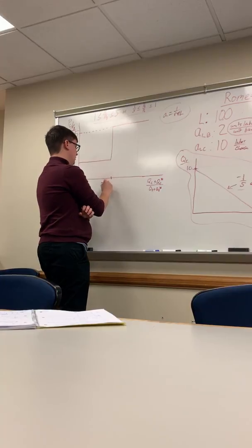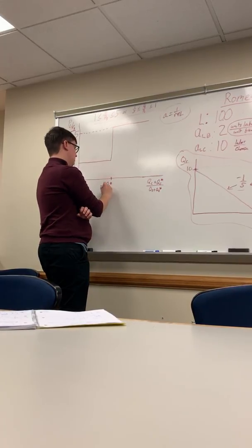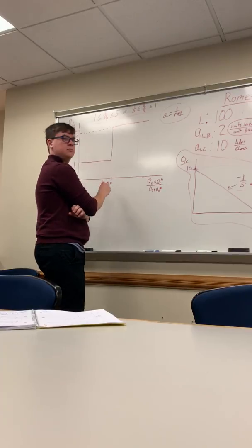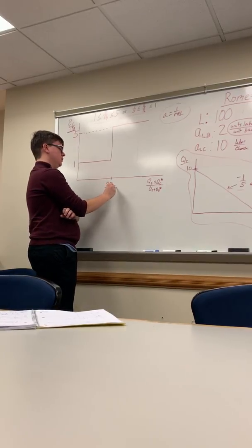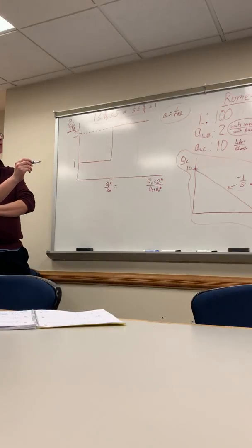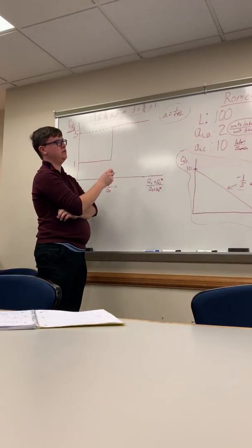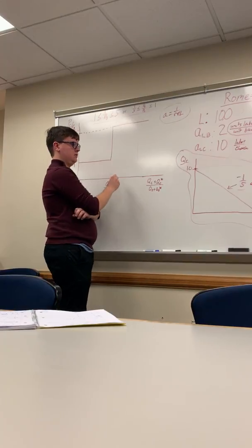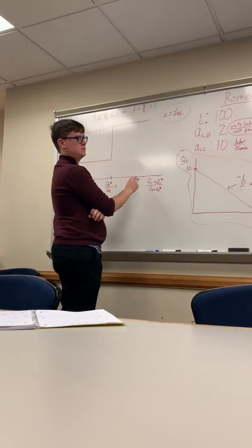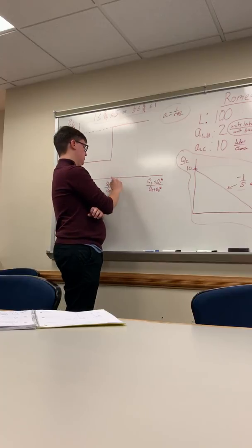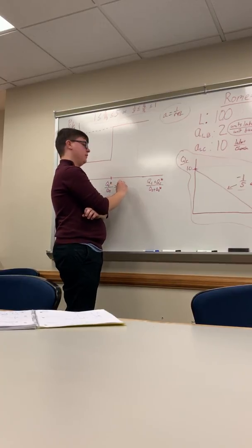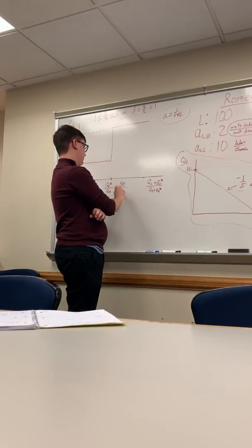So we're going to do QC star over QB, which is going to be our solution here, which is going to equal how much QC star are they going to produce? 50. Yeah. And over? 50. Yep, 50.